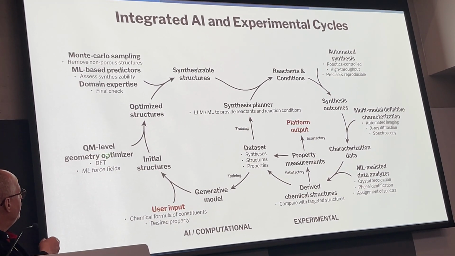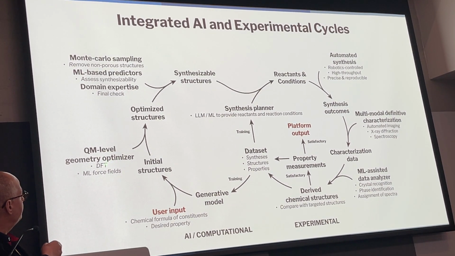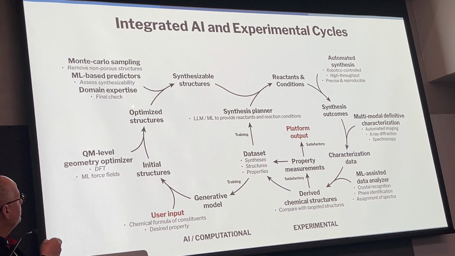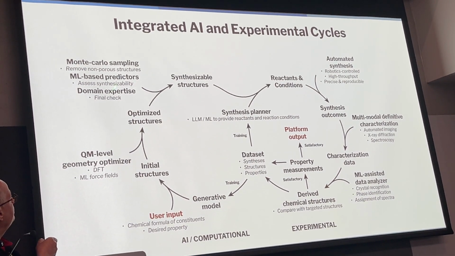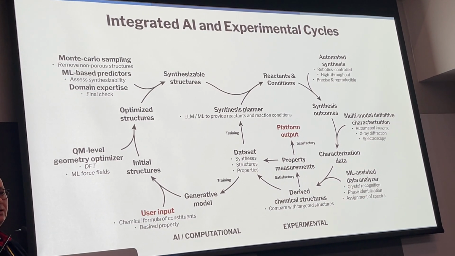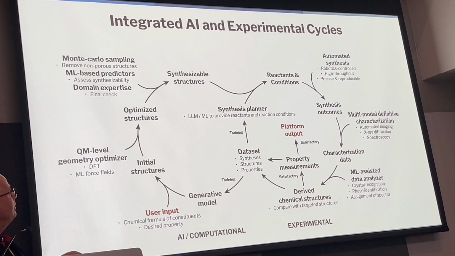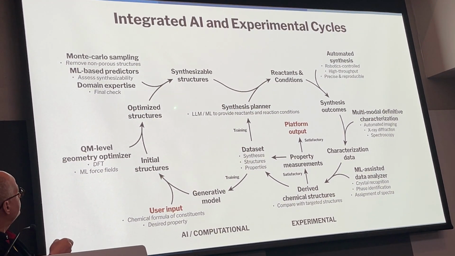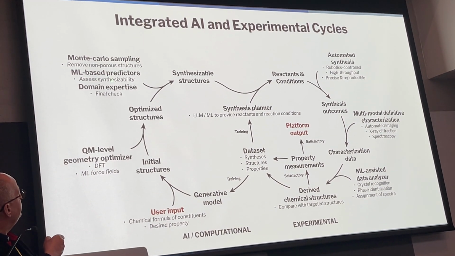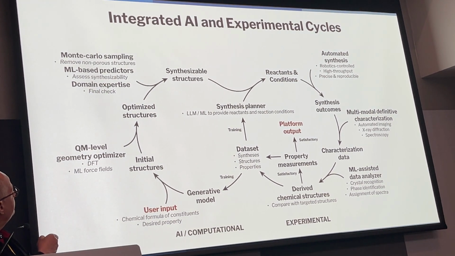These are weeded out by doing a quantum level geometry optimization like DFT and an ML machine learning force field. You get your optimized structures, but then you do even more. You try to weed out the structures that are not going to be porous, since we are looking for porous structures if we are trying to do CO2 capture. And this involves Monte Carlo sampling, a machine learning type predictor, and ultimately a human check.